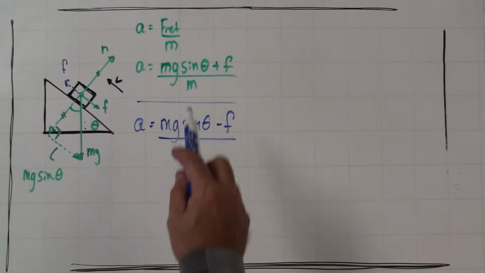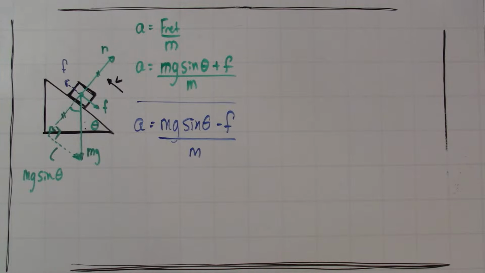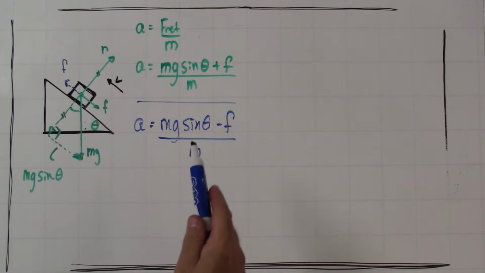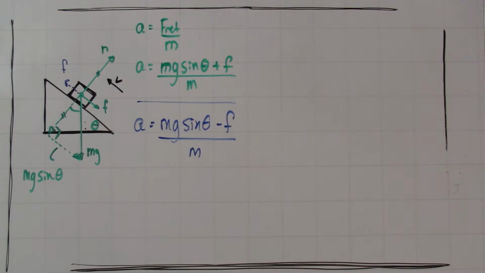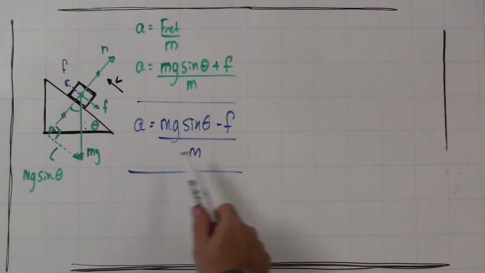How do we solve for either of these actual accelerations given what we have here? Well, let's do this original one with it going up the ramp. Can I get an expression that relates all these quantities?